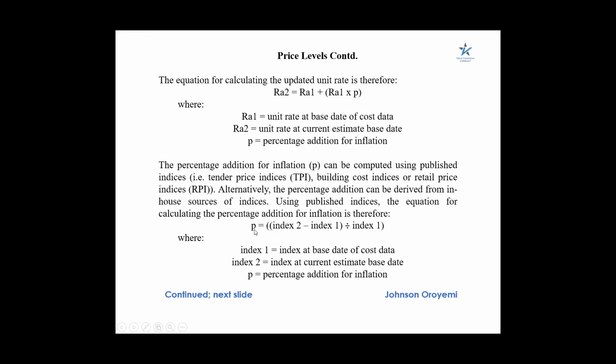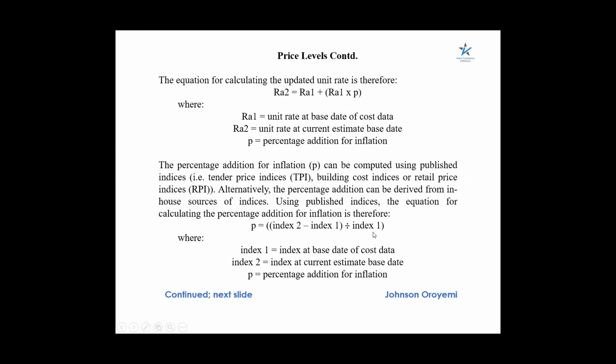And what's the equation? It says P, that is the percentage addition for inflation, equals Index 2 minus Index 1, divided by Index 1. Index 2 is the index at current estimate base date, that is the index we are using for the new project we want to carry out the cost planning for.